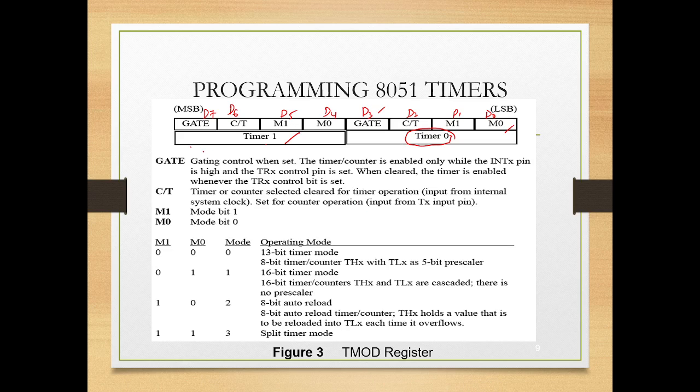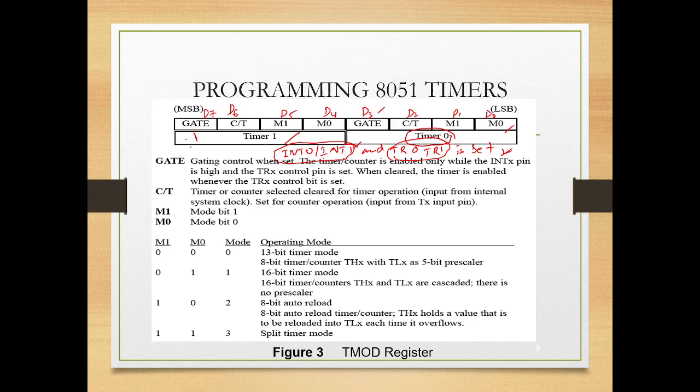That is, the gate bit will be enabled whenever INT0, INT1 and TR0, TR1 bits are set. So these INT bits should be high as well as these TR bits should be high. Then only the gate bit will be enabled. Enabled in the sense the bit value will be 1.